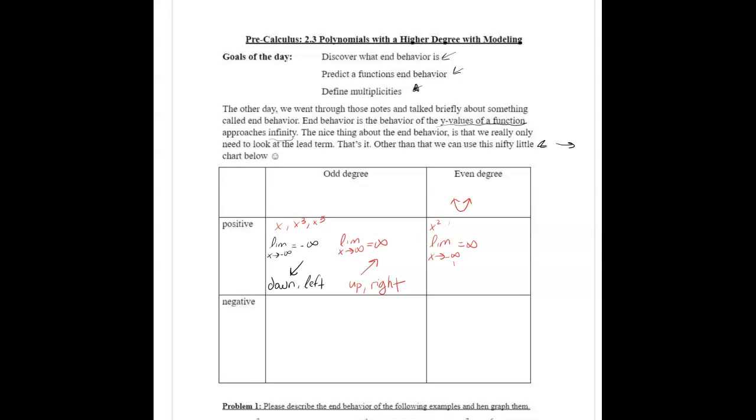Again, this is my x value, this is my y value. Then the limit as x goes to positive infinity, aka the right: as I'm going to the right, my graph is going up towards positive infinity again. So I'm going up and left, and up and right.